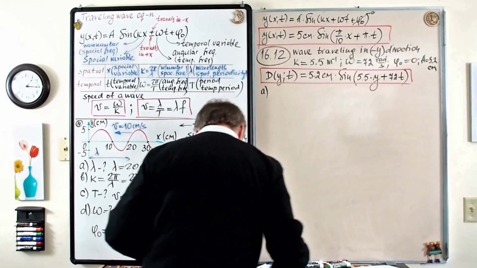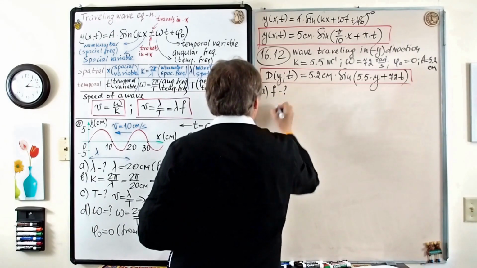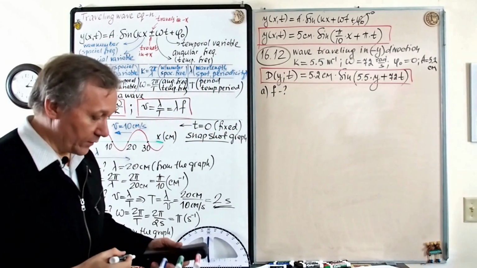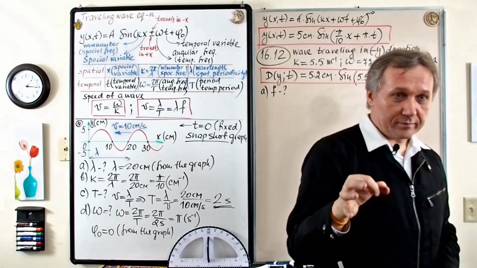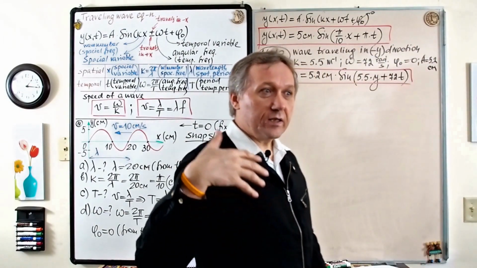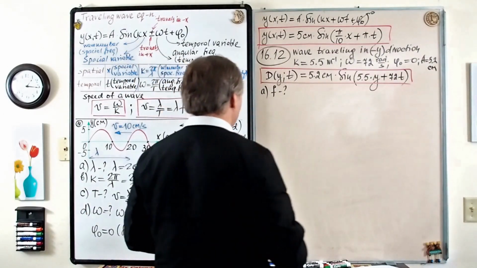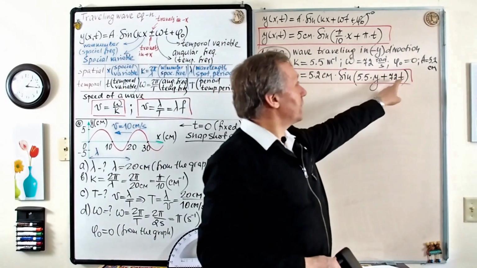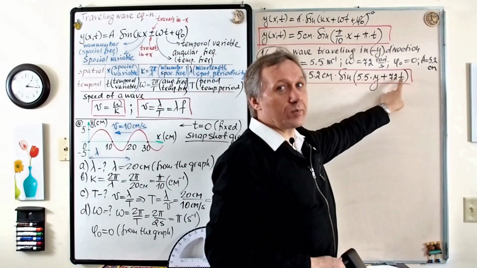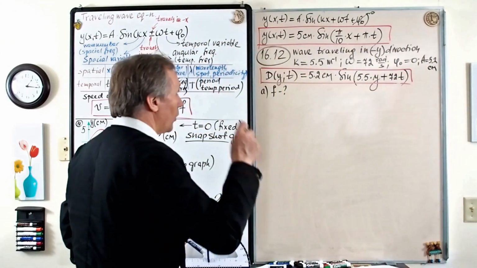We need to find what first? Frequency. Let's find frequency, f. Frequency is a temporal parameter, right? It's the number of cycles per unit time, number of cycles per second. So we should be able to find it from omega, because that's where the temporal information is.